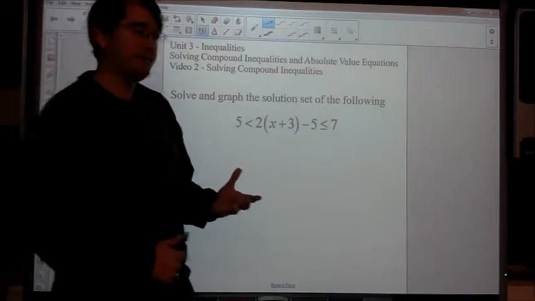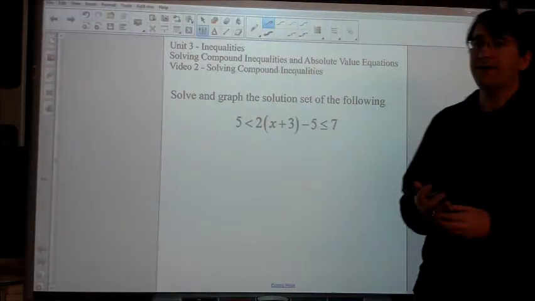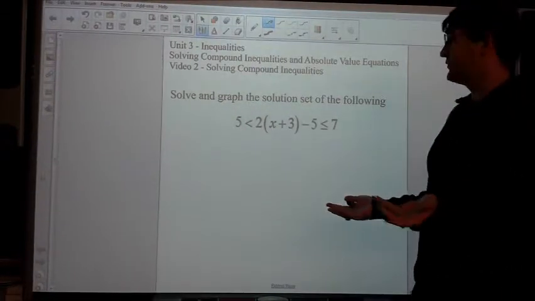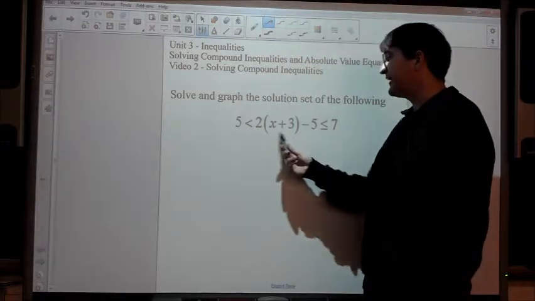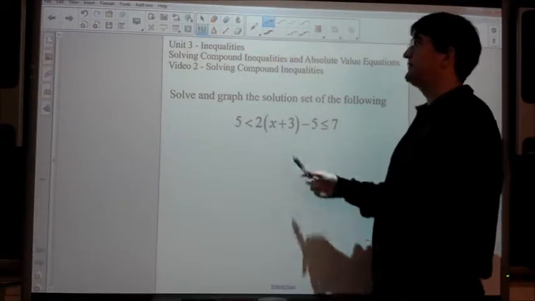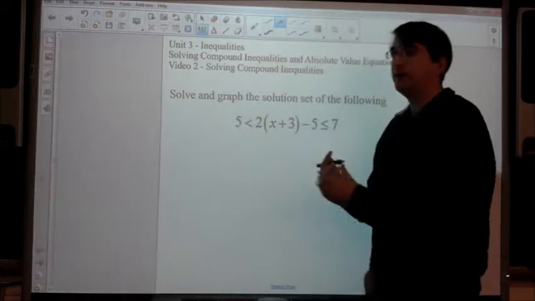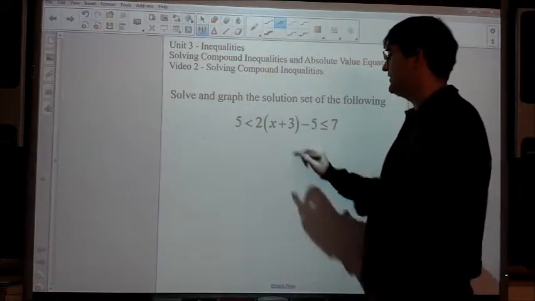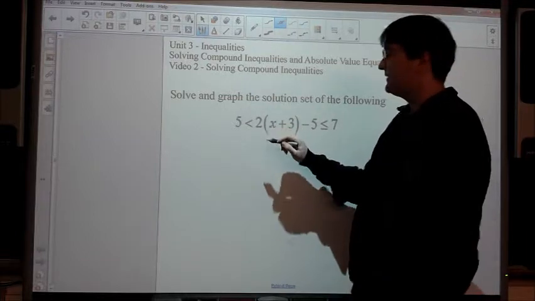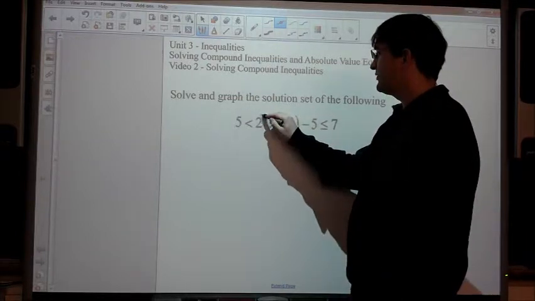Now, how we solve this, at the most basic level, it's the same way we solve any other equation. You'll notice that there's some distributing I can do and some combining of like terms. So before we start dealing with any of the actual inequality typeness of this inequality, I'm going to do what I usually would do.